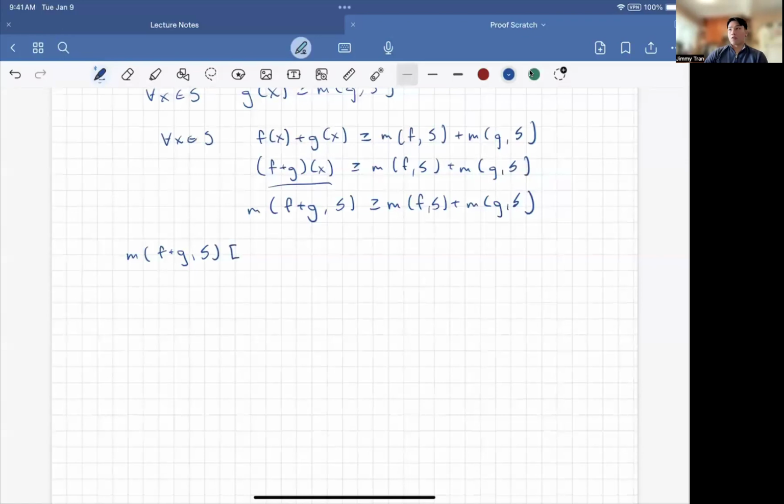In this case, the interval could be defined as delta t equal to t_k minus t_{k-1}. And so we can simply say that the infimum of f plus g over S times delta t is greater than or equal to the infimum of f over S times delta t plus the infimum of g over S times delta t here.